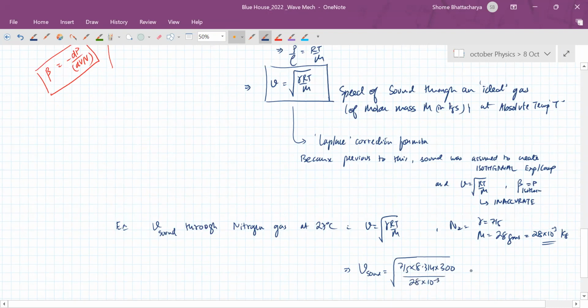This will give us the speed of sound in meters per second. And if we calculate that, it comes out to be close to 350 meters per second.